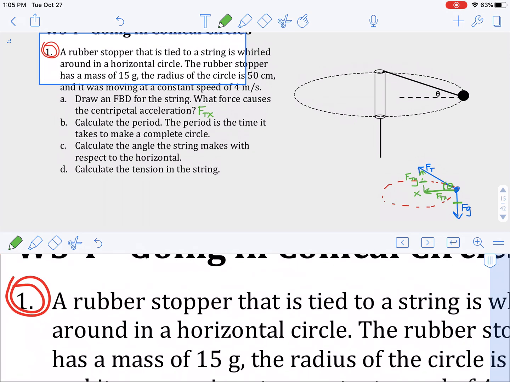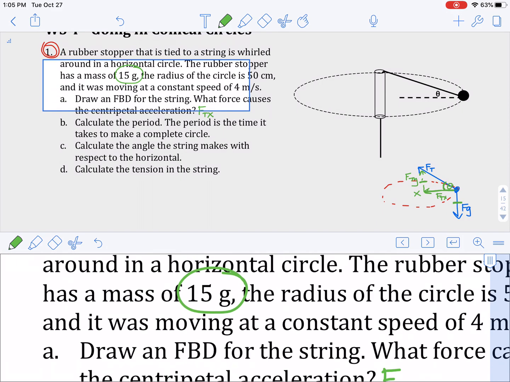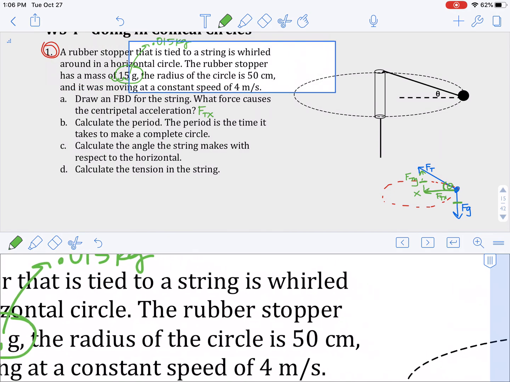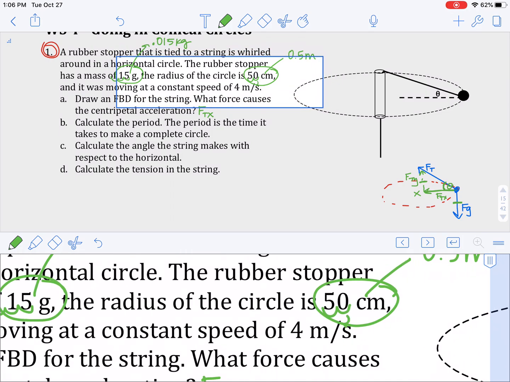All right, so I first need to calculate the period. And I'm given the mass in grams, so I need to make sure that that's in kilograms: 0.015 kilograms. The radius of the circle is 50 centimeters. Man, we got to convert all these values: 0.5 meters. And then the speed is 4 meters per second.